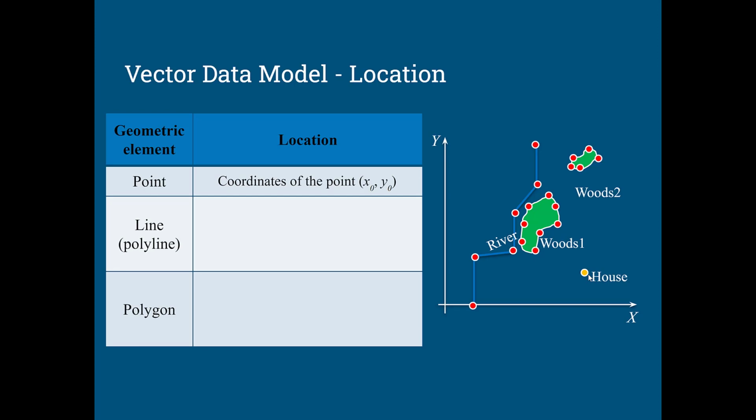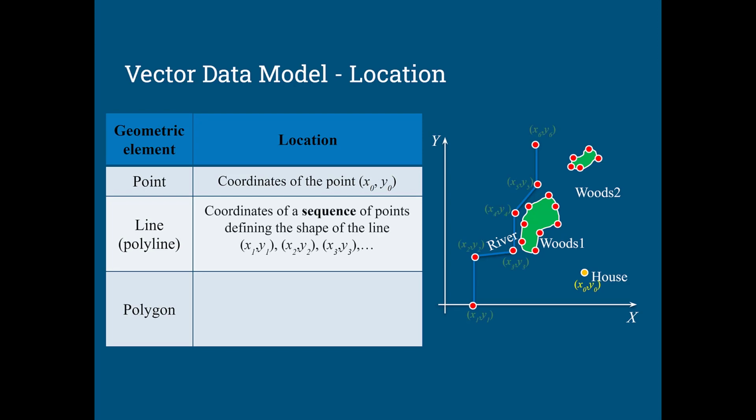Coordinates of the point. How about a line like this river? For a river, we need to use a sequence of points defining the shape of the line, right? You can see here, those points help us define the shape of this river. This river has a turn over here, another turn over here, right?